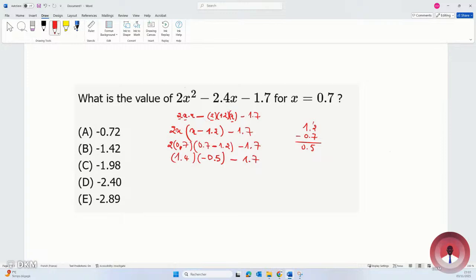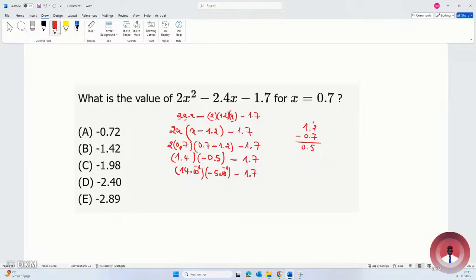Okay, and if we want to multiply this, we can also write 1.4 as 14 times 10 to the power minus 1. And here is also minus 5 times 10 to the power minus 1, minus 1.7.